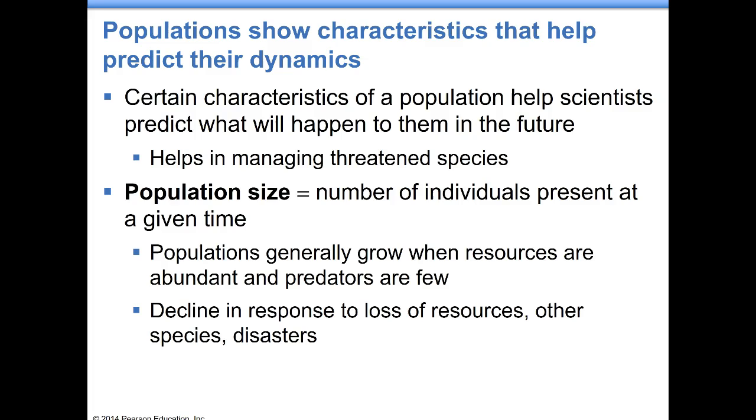These populations generally grow when the resources are more abundant and the predators are few. So as long as they've got the resources available, they're going to continue to populate. So take a look at those Canadian geese. We've got large areas of Canadian geese because there really aren't any natural predators in the area.